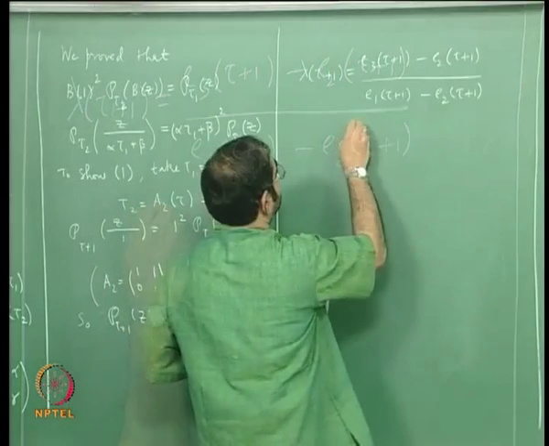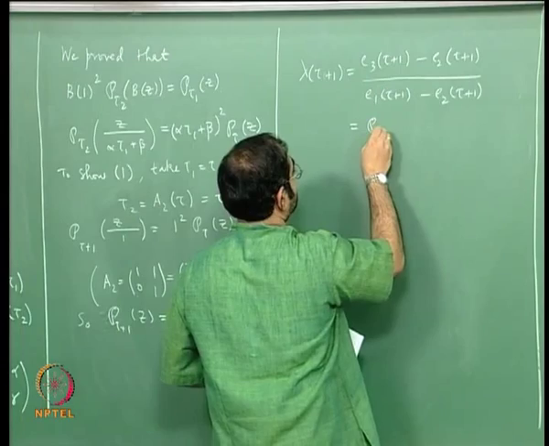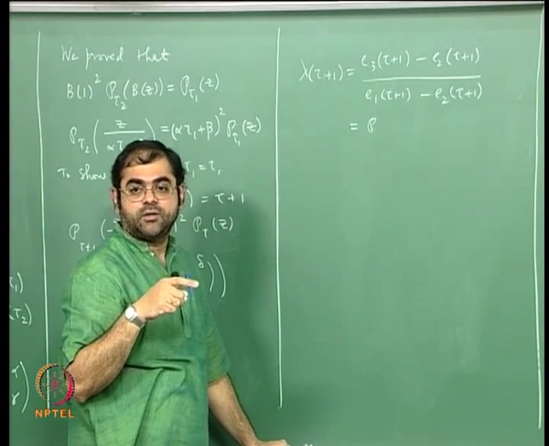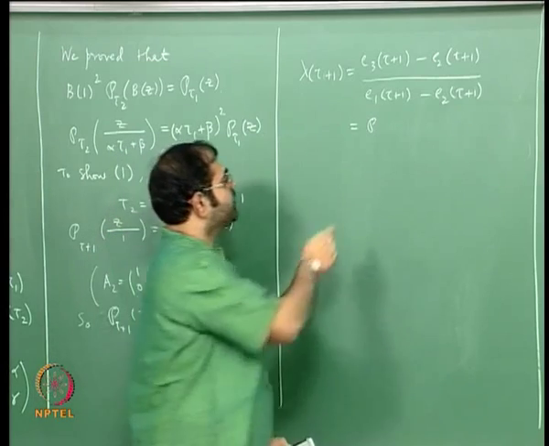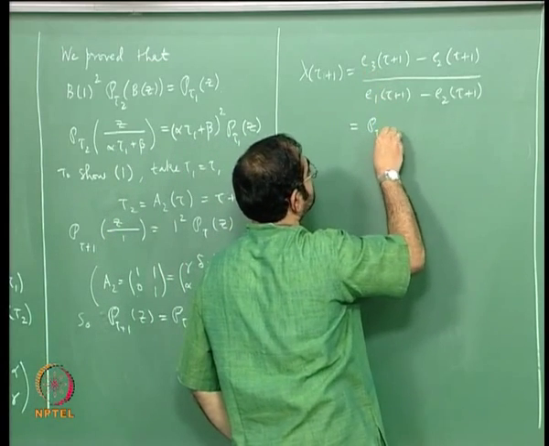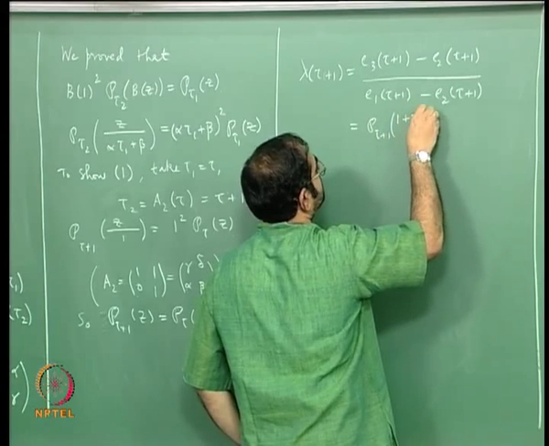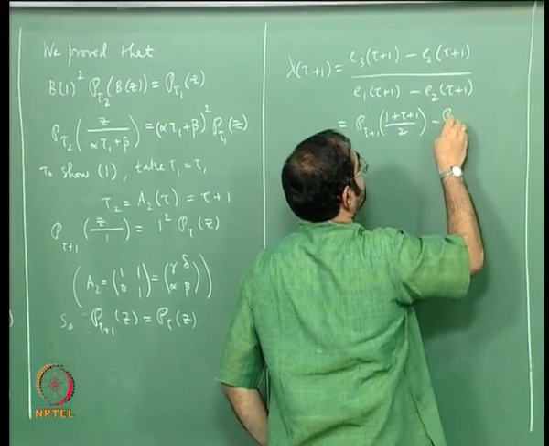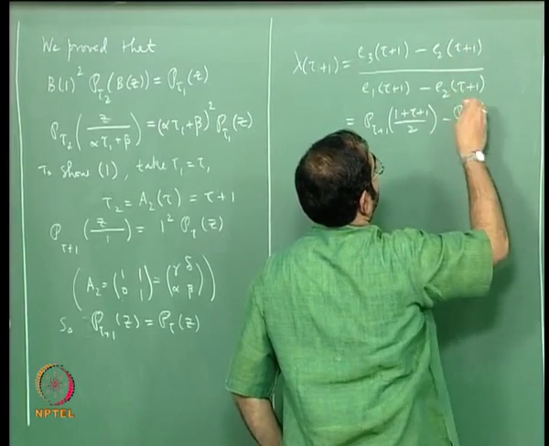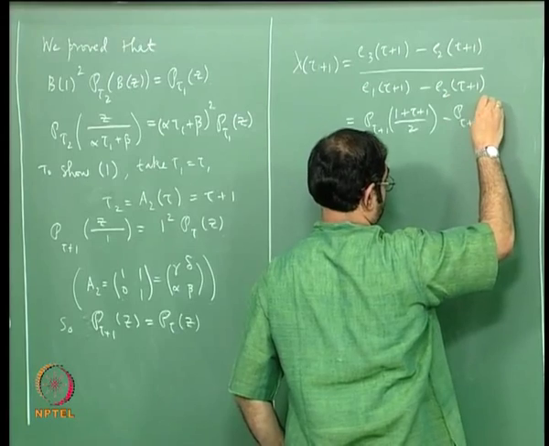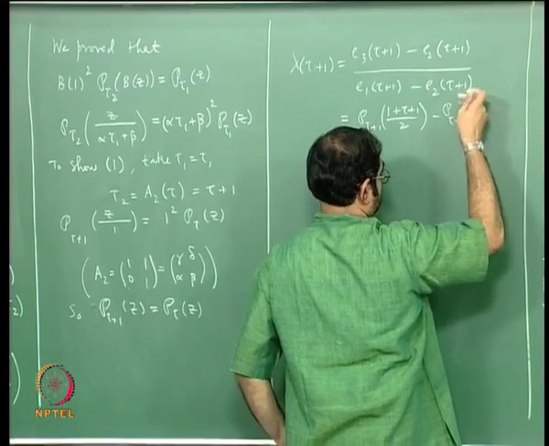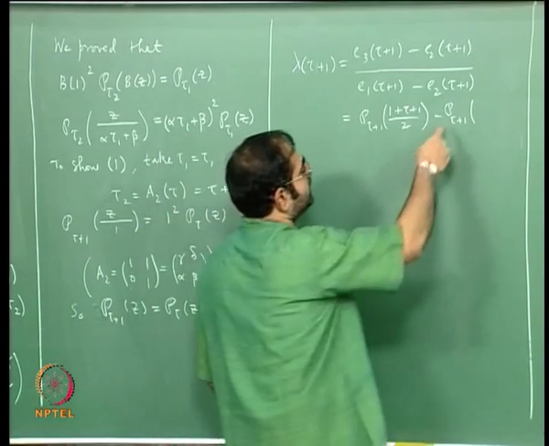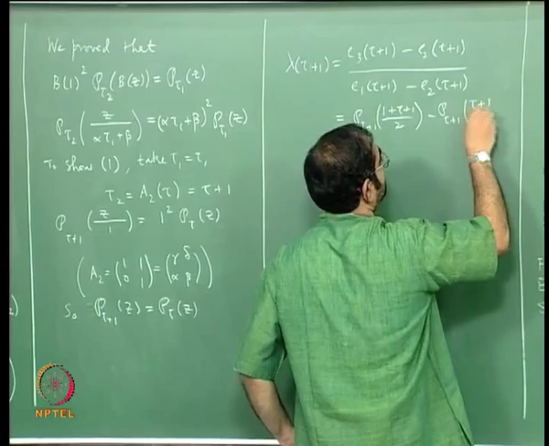And you see what E3 of tau plus 1 is. E3 of tau is just p tau applied to 1 plus tau by 2. So this E3 of tau plus 1 is p tau plus 1 applied to 1 plus tau plus 1 by 2, and E2 of tau is p tau applied to tau by 2, so E2 of tau plus 1 will be p tau plus 1 applied to tau plus 1 by 2.